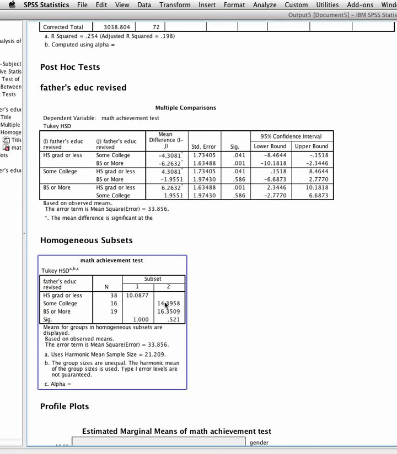So what this means is that students whose fathers had some college, and students whose fathers had a BS or more, scored significantly higher than students whose fathers had a high school diploma or less. Yet, students with fathers who had some college and students with fathers who had a BS or more did not score significantly different from one another in terms of average math achievement because they're in the same column.